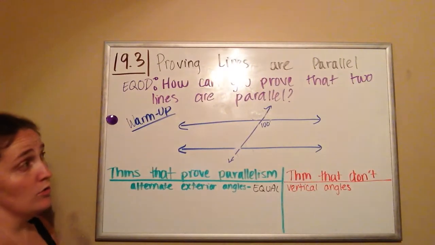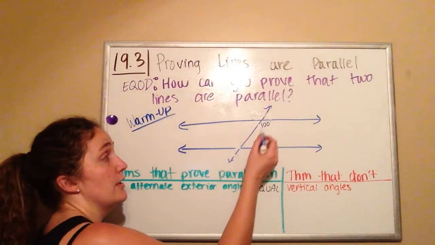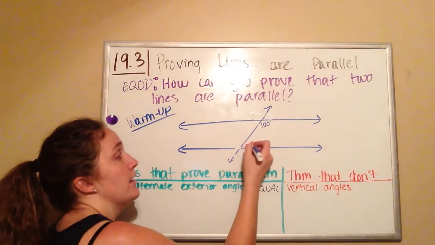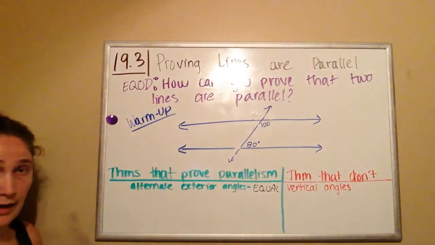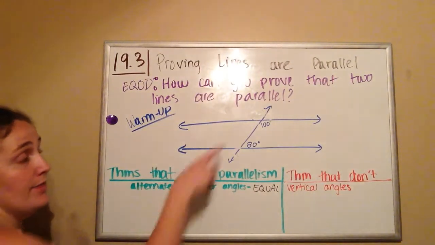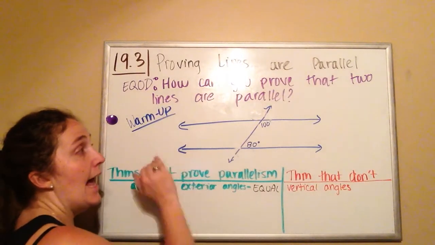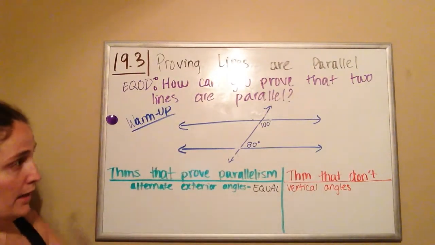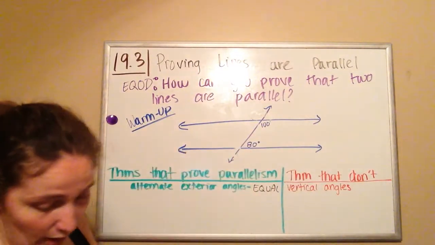So let's use same side interior angles. Those need to be supplementary, or add up to 180. And in order for those to add up to 180, these have to be parallel lines. Because if this line wasn't parallel, that angle would be a lot different.